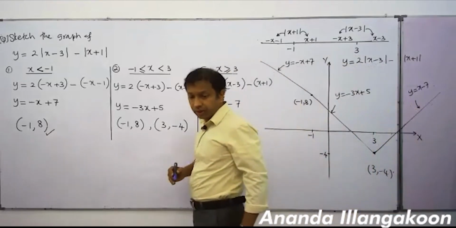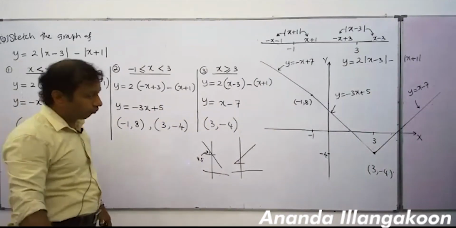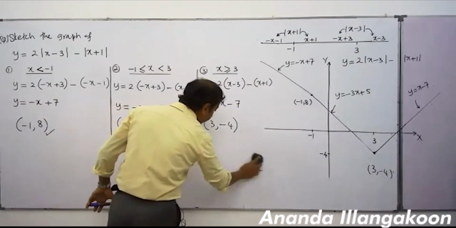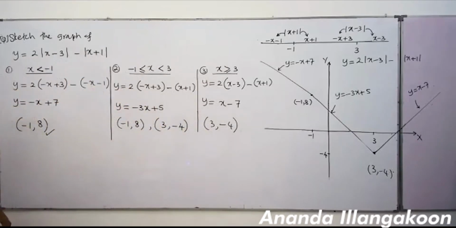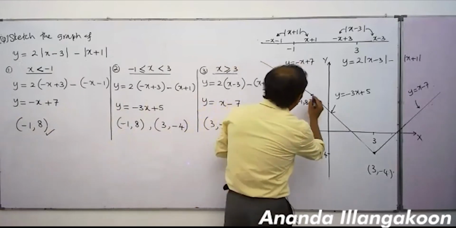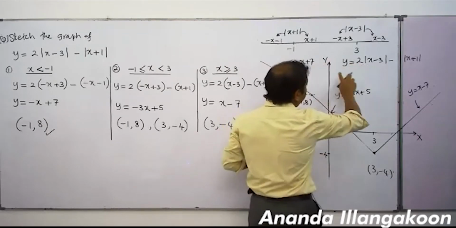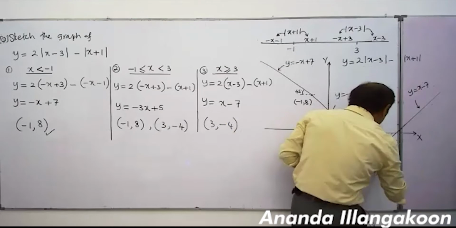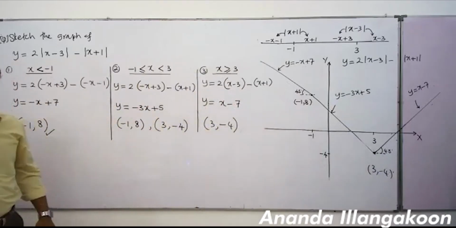This is how we draw that graph. Furthermore, you can see here this gradient is minus 1. Therefore, this angle should be 45. Here, this one gradient is plus 1. Therefore, this angle is 45. This is how we draw that graph.